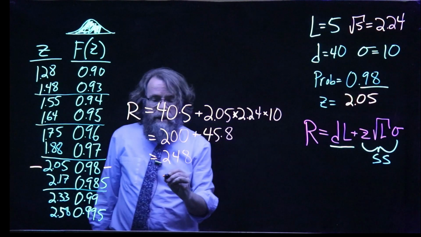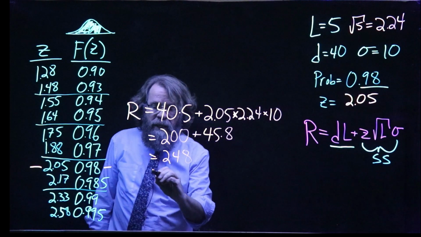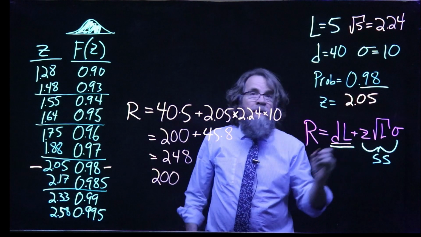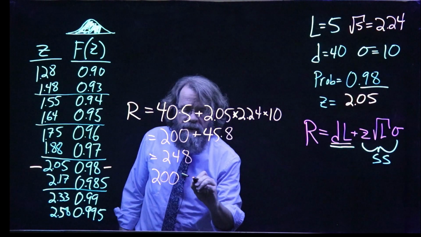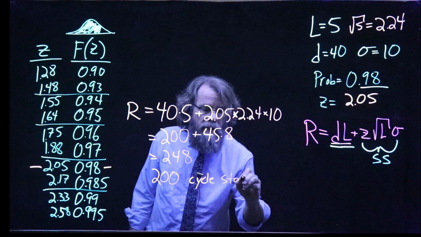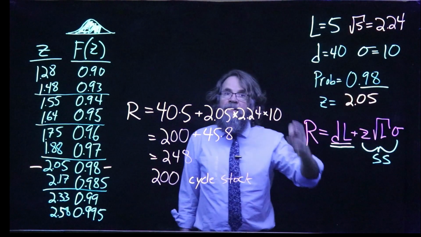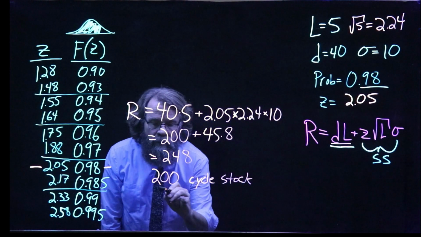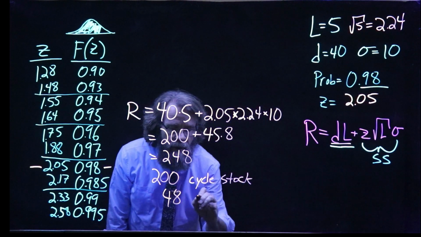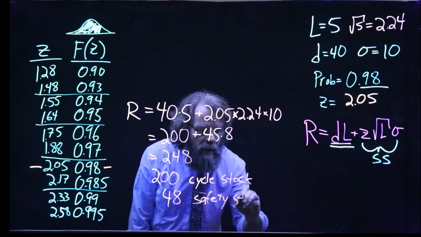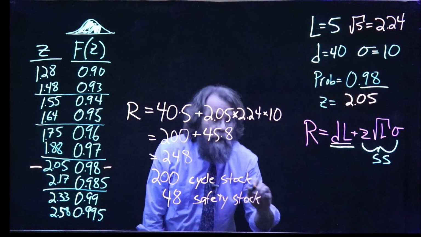The 200 is the amount we sell on average, the amount we expect to use. Some people will refer to that as our cycle stock, the amount we expect to turn through every time. And then the 48 units, that is our safety stock.